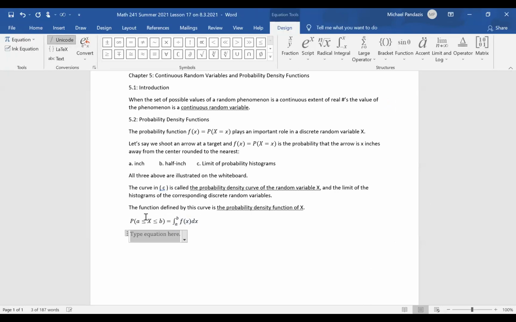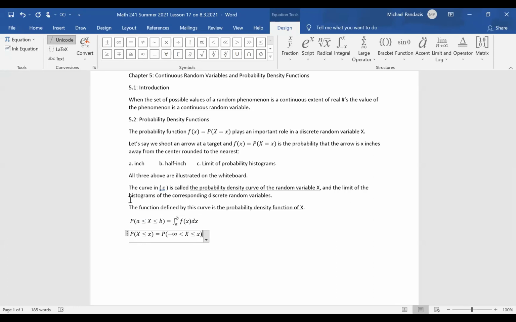And the probability that capital X is at most little x is equal to the probability that negative infinity is less than capital X, less than or equal to little x.